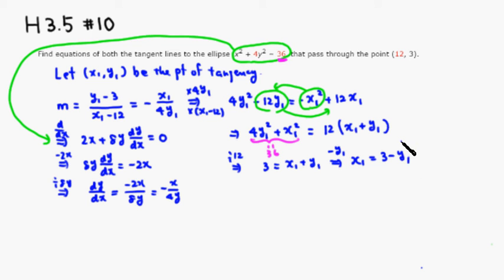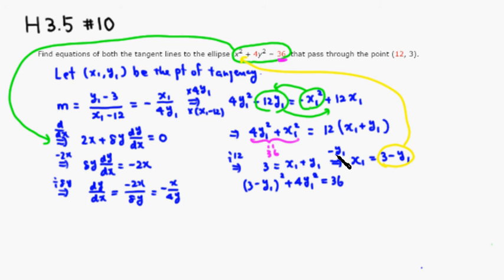Put this back into the ellipse equation: (3 minus y1) squared plus 4y1 squared is equal to 36.